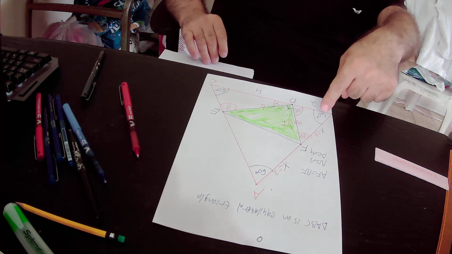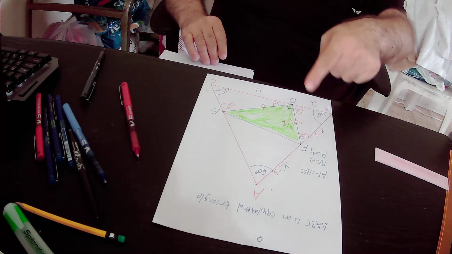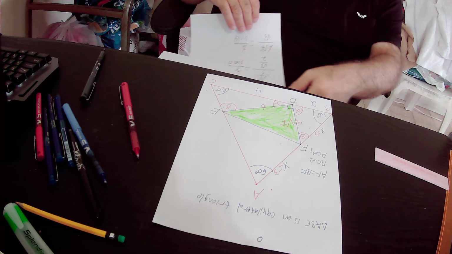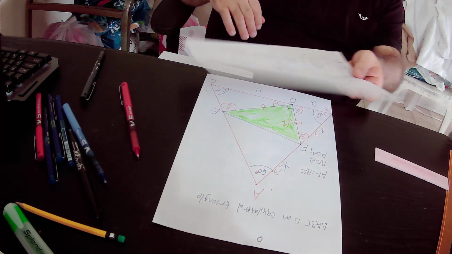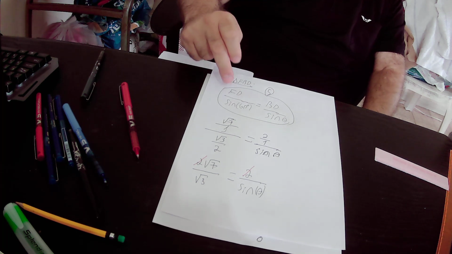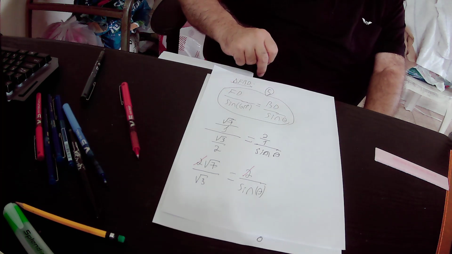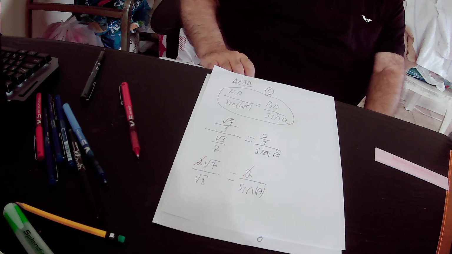In triangle FBD, according to the law of sines, FD over sine 60 degrees equals BD over sine theta.